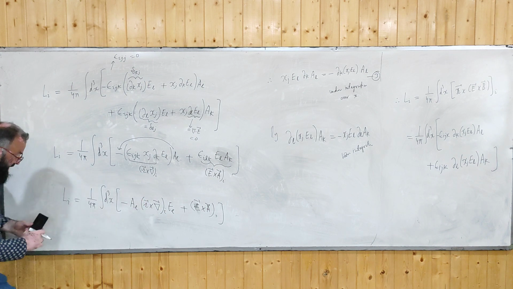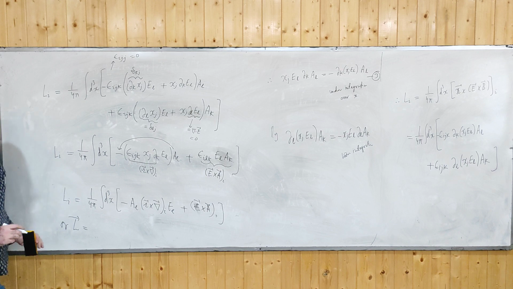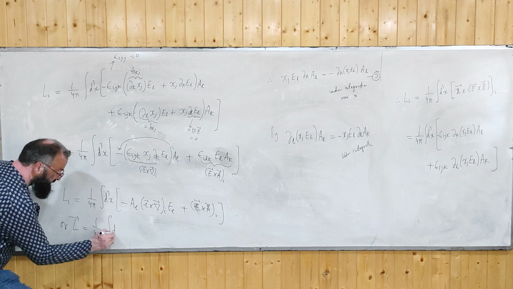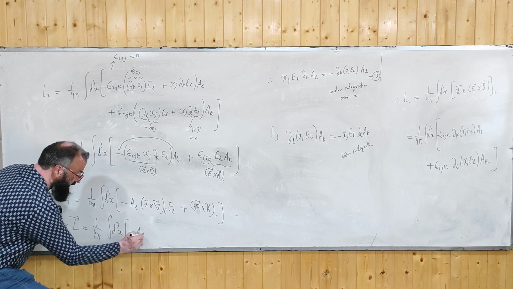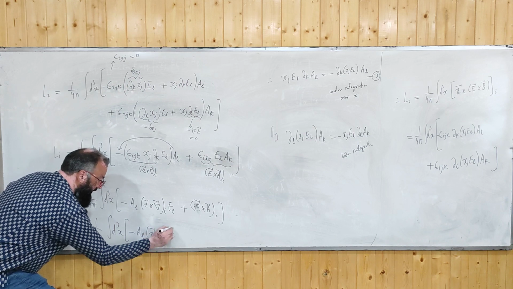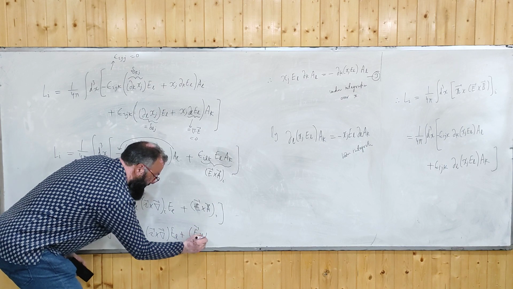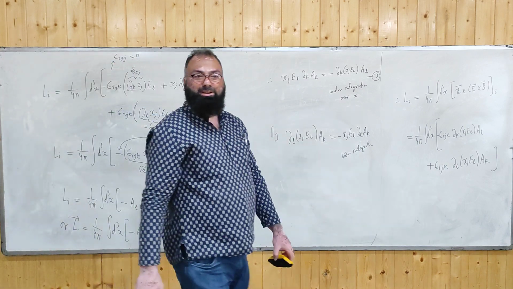So in other words, I can write this L, the angular momentum, like this: integral d3x, A_L, R cross nabla, E_L, then plus E cross A. समझ आया? So now this is the total angular momentum.